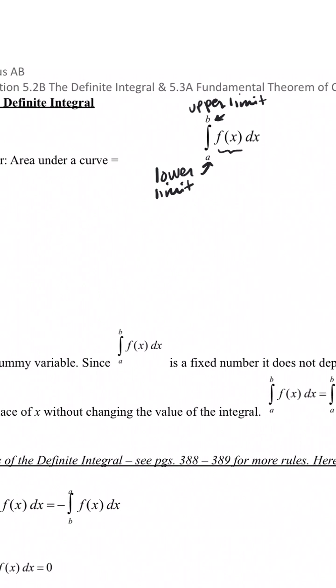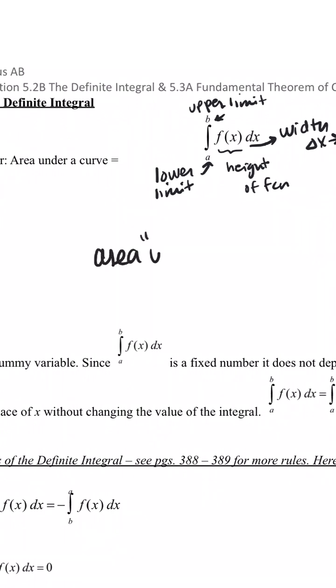Remember that f of x stands for the height of my function, and that dx is representing the width, or delta x, as delta x goes to 0. And area, quote, under the curve really means between the function and the x-axis.